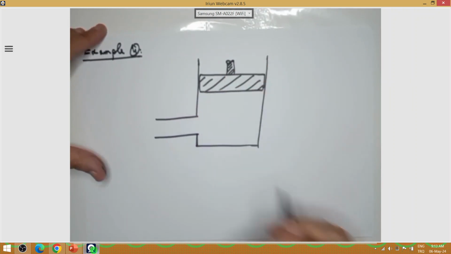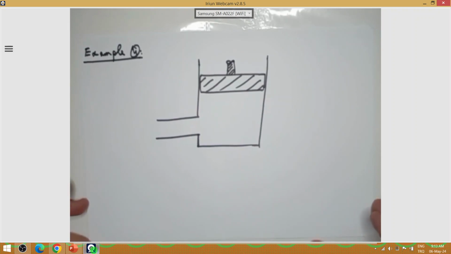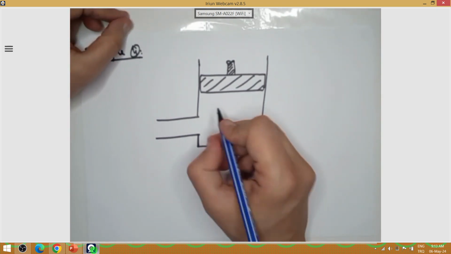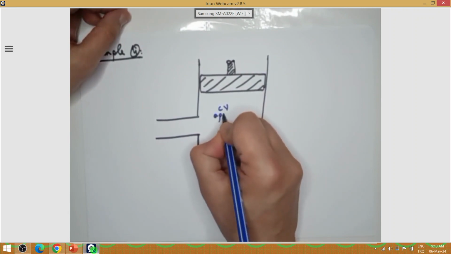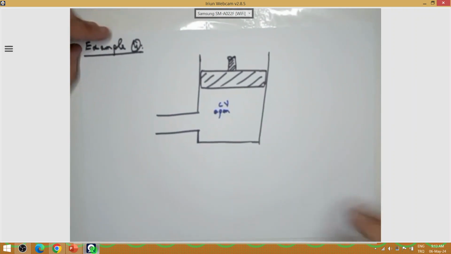So this is my piston, and I have a control volume. This is my control volume, or my open system.